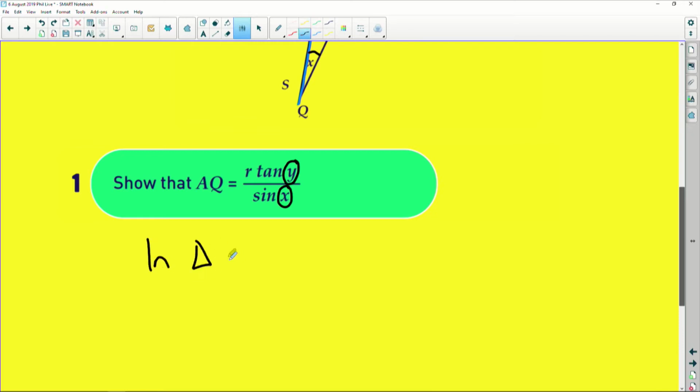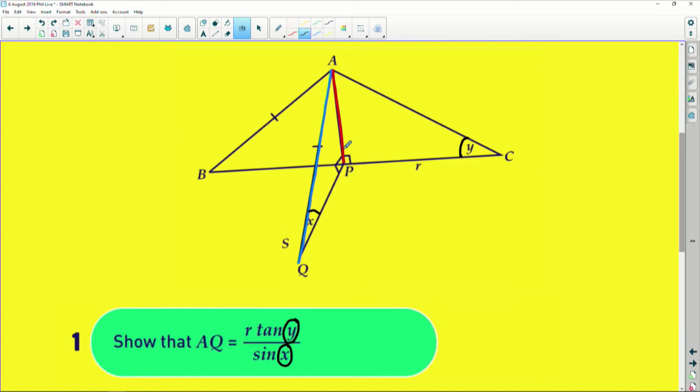In triangle APC, which is this triangle over here, do you see that we have a lovely right angle triangle? This here is a right angle. The moment you see right angles, what do you think in trigonometry? Trig ratios. We have this length here, which is the side adjacent to angle Y, and we're looking for an expression for AP, which is the side opposite to Y. What ratio involves opposite and adjacent?